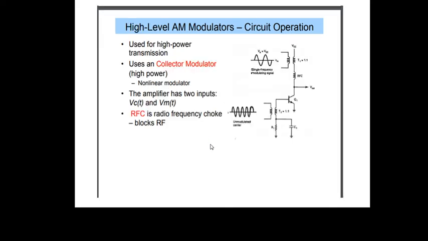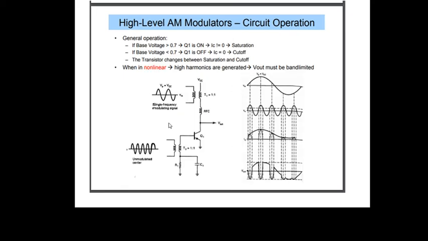Then the high level AM modulator circuit, which is basically used to transmit high power, uses the collector modulator circuit, a non-linear modulator. The amplifier has two inputs, Vc plus Vm. The RFC, radio frequency choke, blocks the RF.